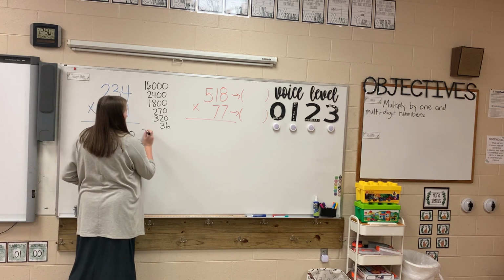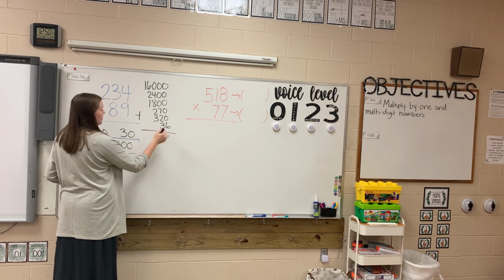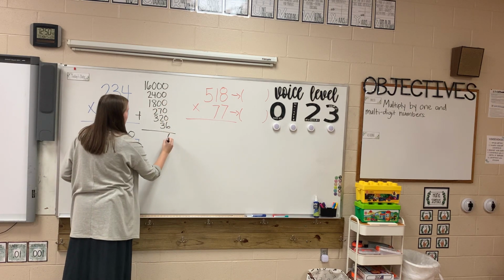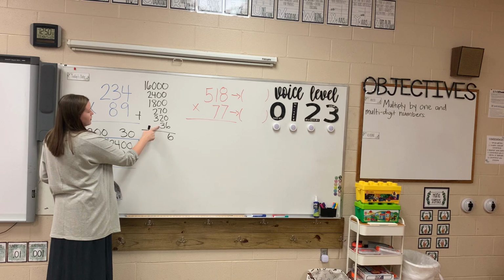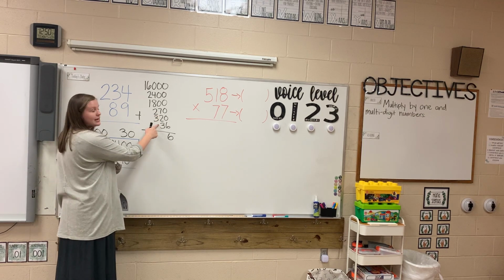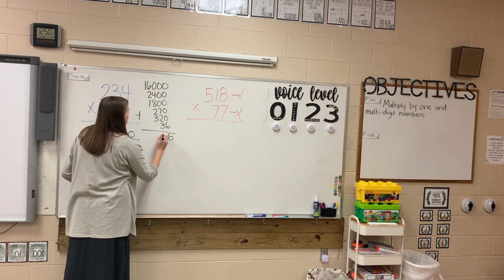So we start in our ones place. 6 plus all those zeros is just 6. We have 3 plus 2 plus 7. I'm going to group my 7 and 3 because I know that's 10. Plus 2 gives me 12.